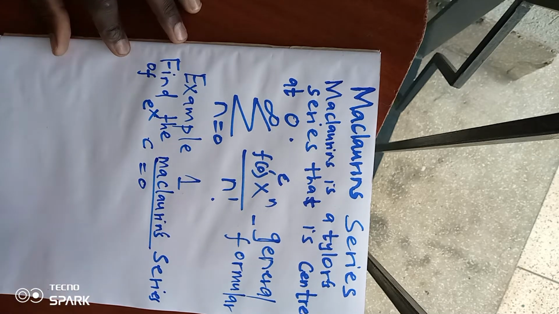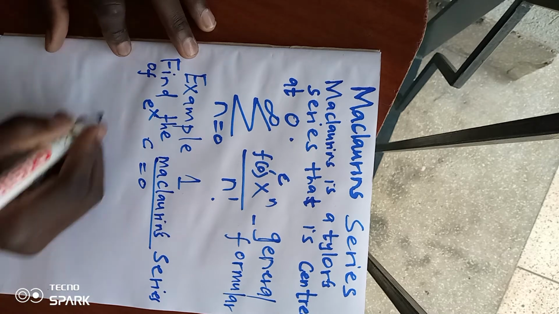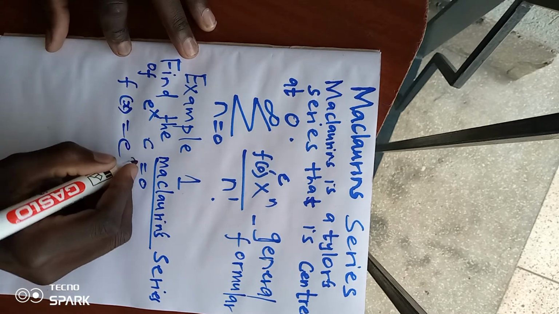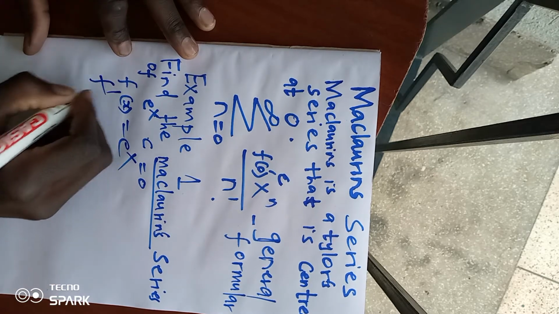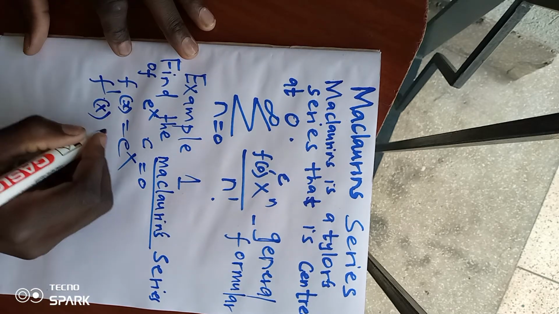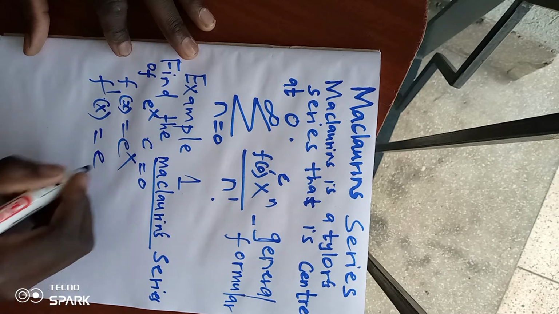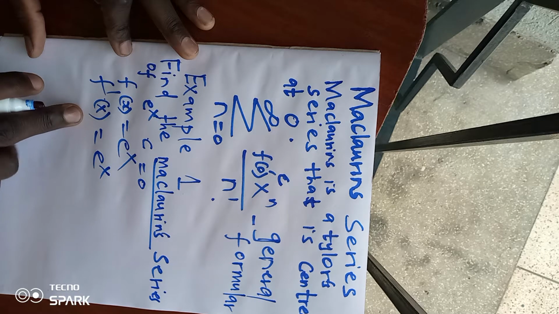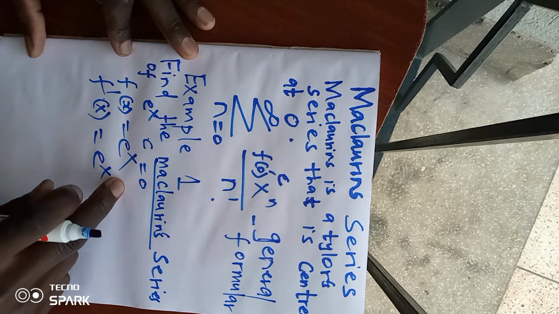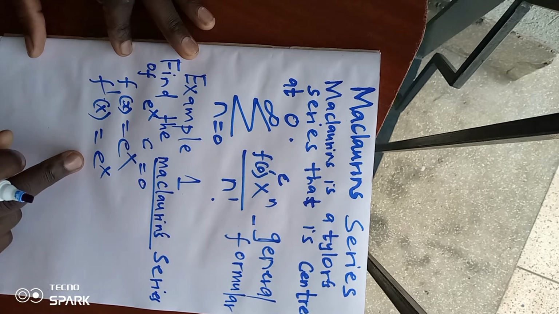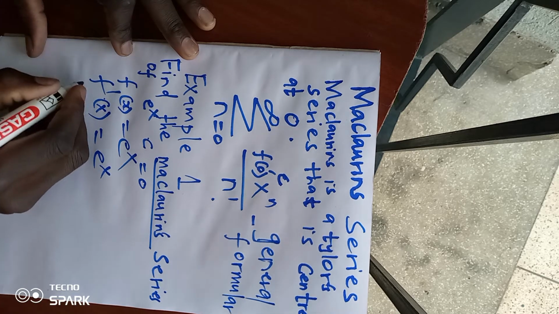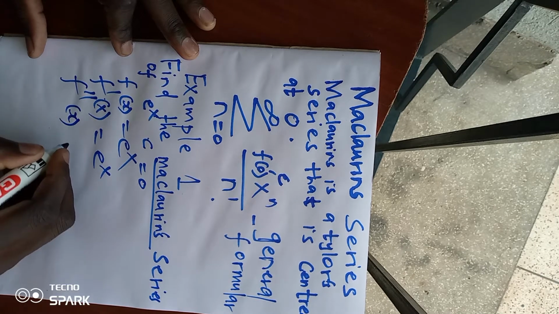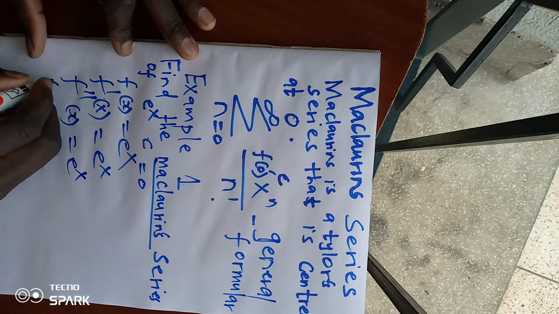First we list the derivatives. The first derivative: according to the law of derivation, when you derive e exponential, it still remains the same, and this applies for the second derivative and to all the others also.